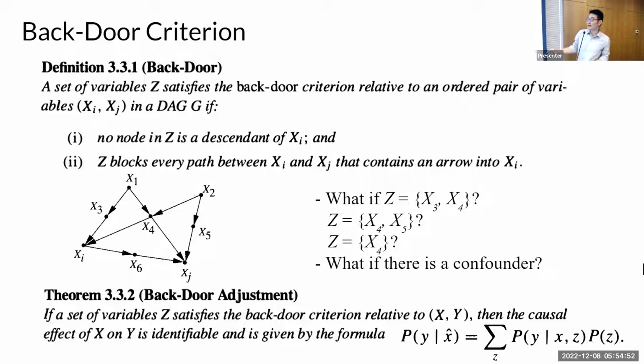Now, basically the idea that follows is I can just make Z and X independent because I do an intervention on X. If you compare this causal effect, P of Y given X hat, with the conditional probability of Y given X, the only difference is to replace the conditional distribution of Z given X with the marginal distribution of Z. That's all.